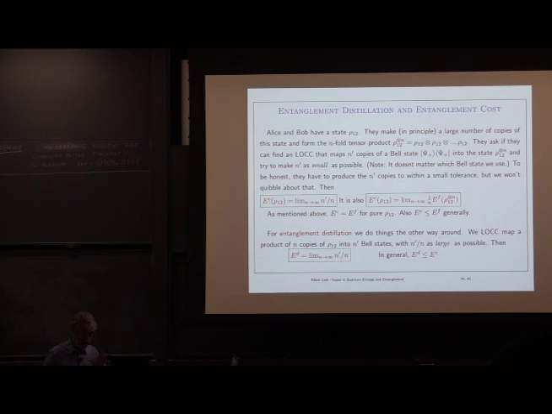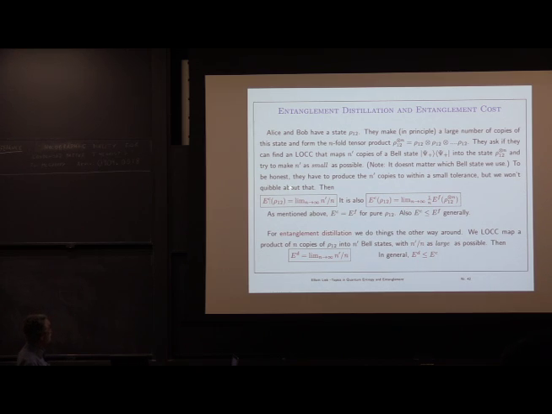They're not going to make it exactly equal, but within a small tolerance, which technically will be within trace norm or some other norm of this kind. Up to some small tolerance, we hope that we can produce the state.